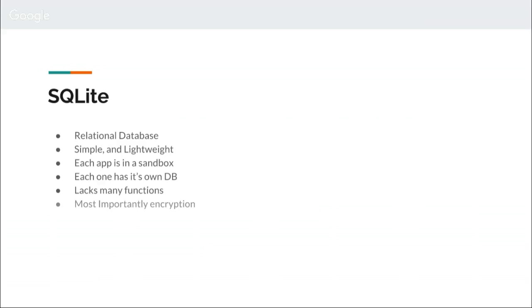So it's the most important thing to remember. You shouldn't store important data like credit card information, addresses, or stuff like that. It really shouldn't be stored on an SQLite database because it's stored as plain text. It doesn't have encryption, it doesn't have security.